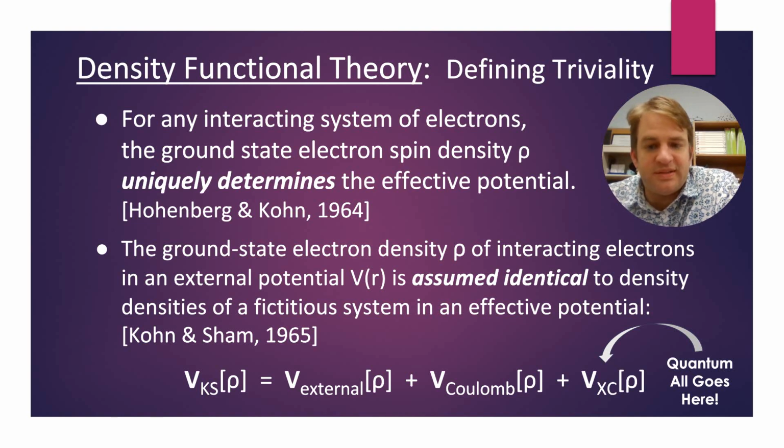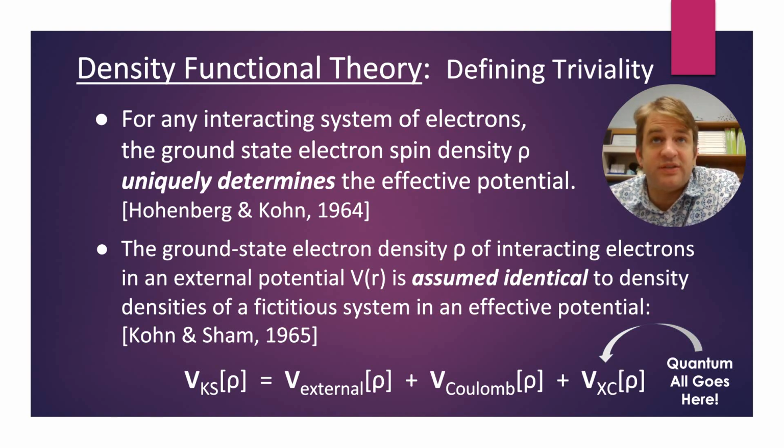Well, this simple assumption does in fact allow us to construct a fictitious system in what's called an effective potential, sometimes called a pseudo-potential, where the capital V is a symbol for a potential like the voltage from a battery. V_KS is the Kohn-Sham potential.